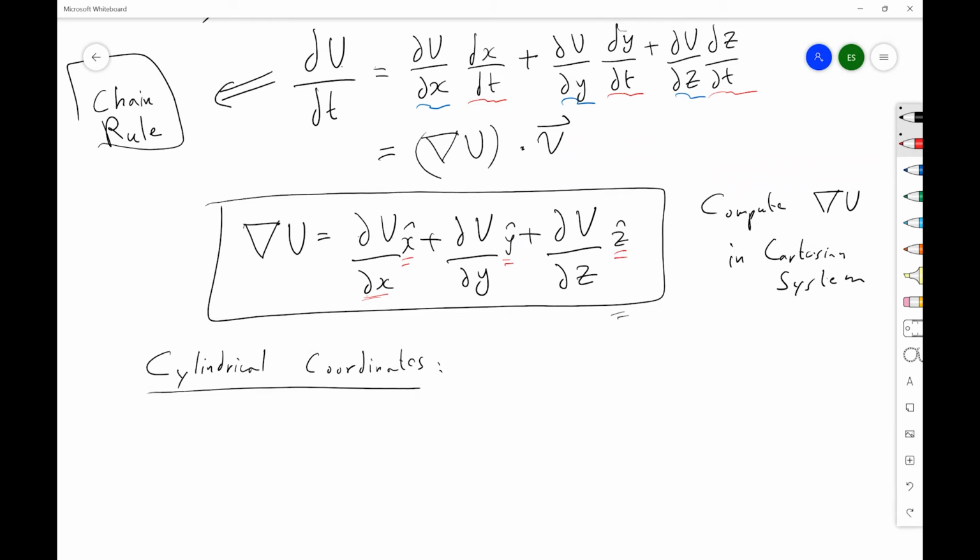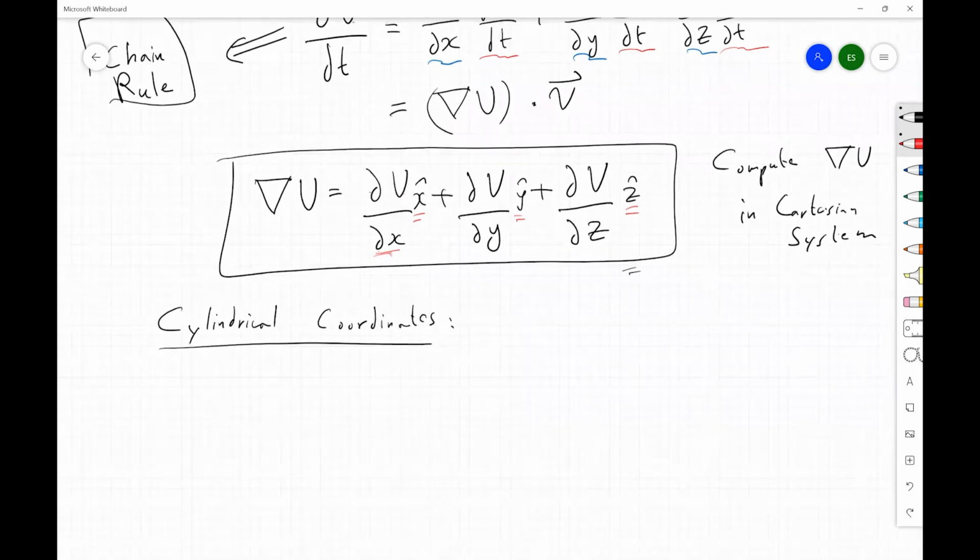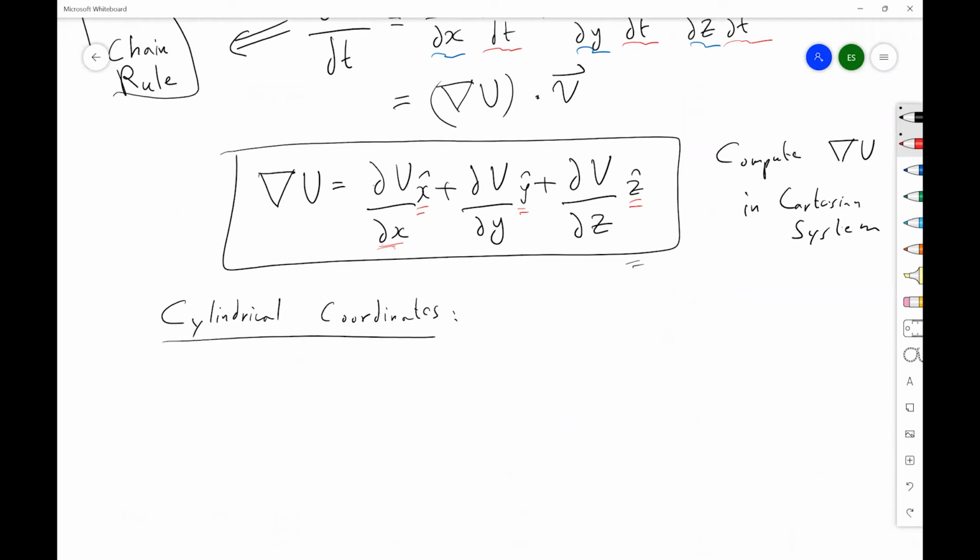So I have delta U over delta X, and I need to transform that with respect to delta over delta R, delta over delta phi, and delta over delta Z. So we need to transform delta over delta X, delta over delta Y, delta over delta Z into the new coordinate system. And then we need to transform X hat, Y hat, Z hat into the new coordinate system.